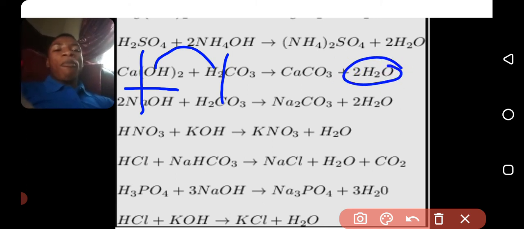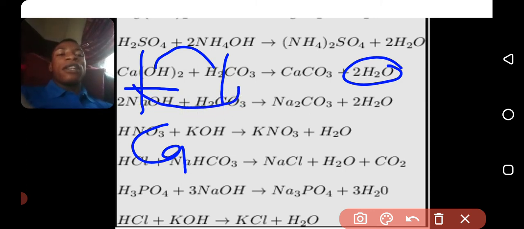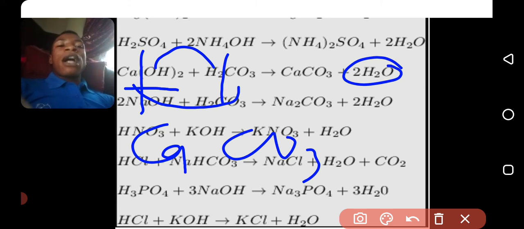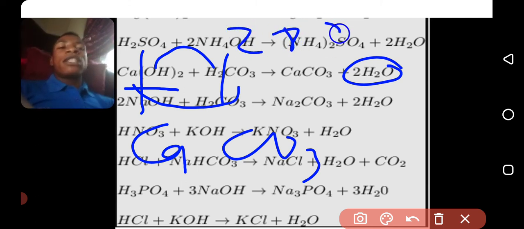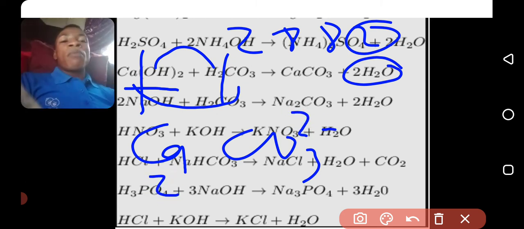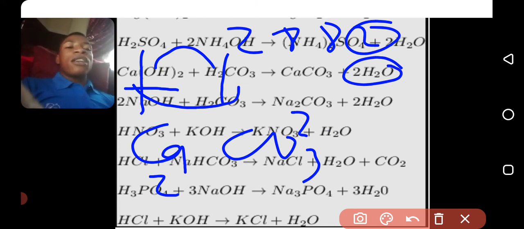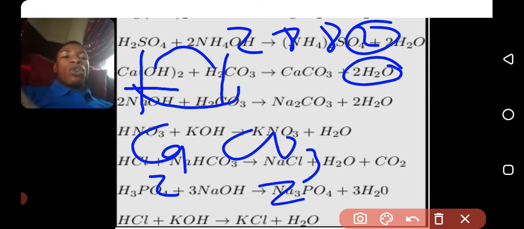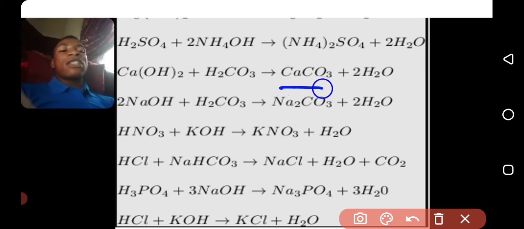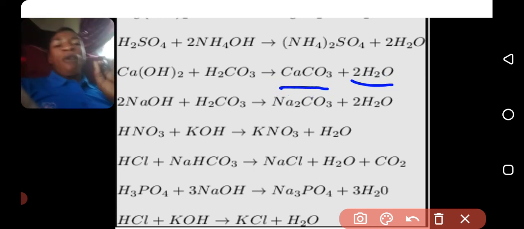Now here, calcium will pick CO3. Calcium is number 20, so it's 2, 8, 8, 2, and the valency of calcium is 2. CO3 is a radical with 2 minus, so the valency is 2. Since both are 2, they cancel out, so you'll have CaCO3, and that's why our salt here is CaCO3 and water.